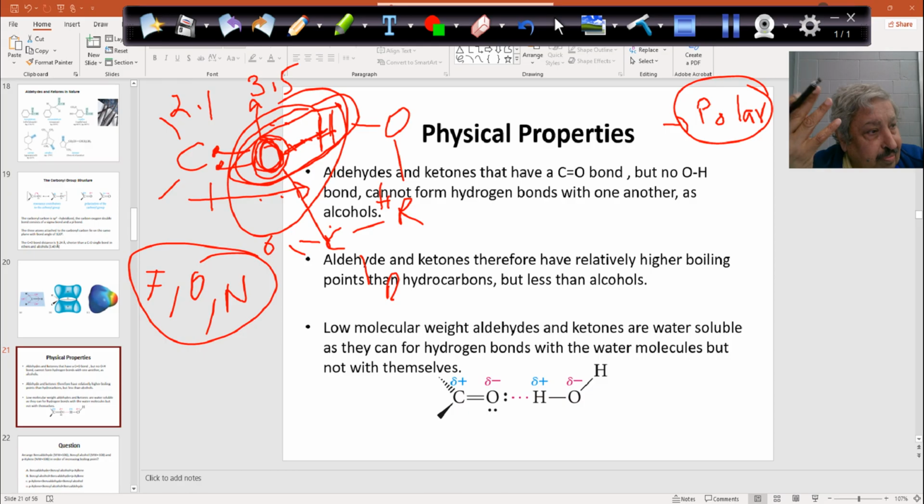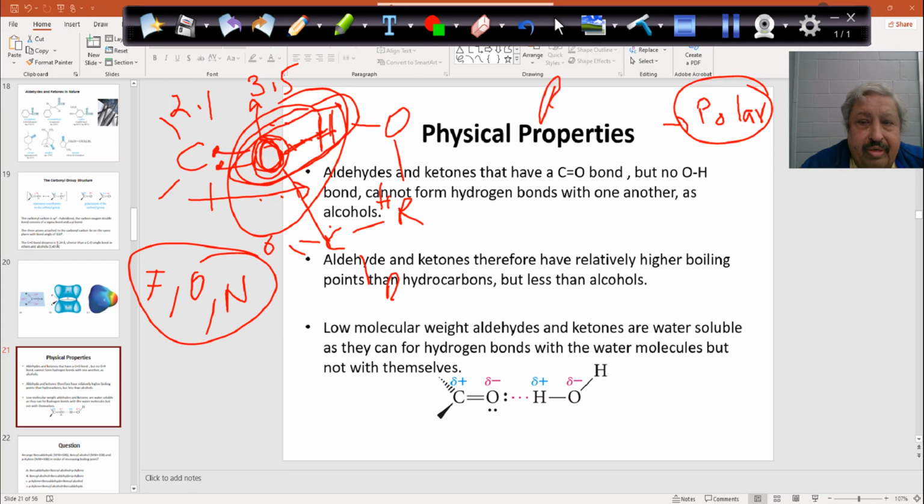Are you following me here? So aldehydes and ketones have higher boiling points and melting points compared with the hydrocarbons, correct? But they are less than the alcohols. Alcohols have more hydrogen bonding available to them.